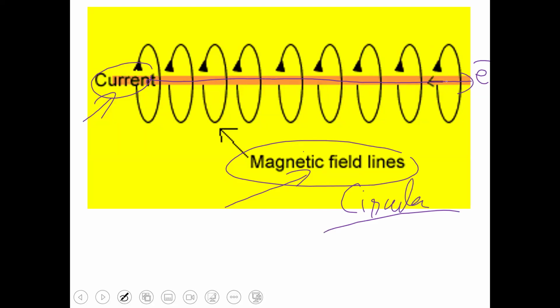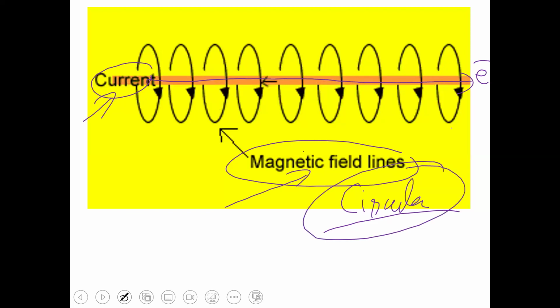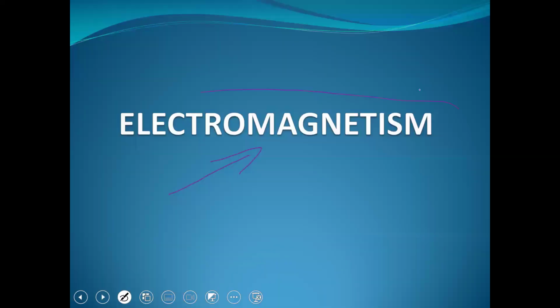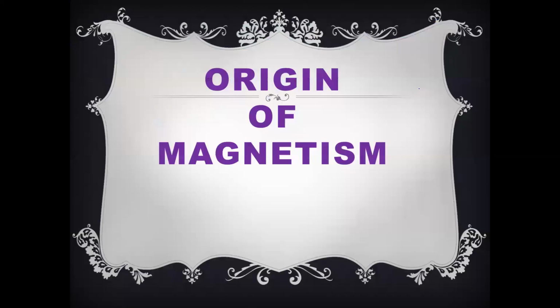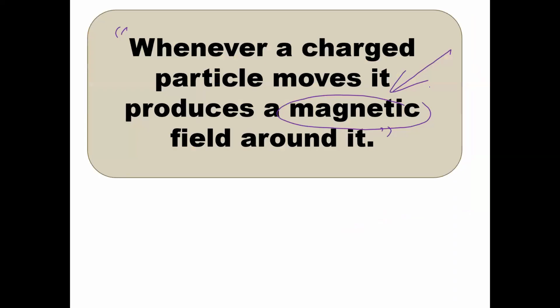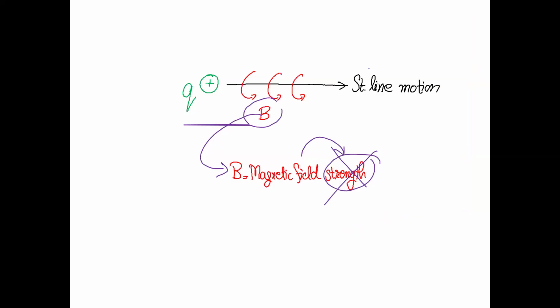So now there are three concepts to connect. Number one, we are starting a topic, electromagnetism. What is electromagnetism? Magnetism due to current. Second concept, what is the origin of magnetism? The origin of magnetism is the motion of a charged particle.